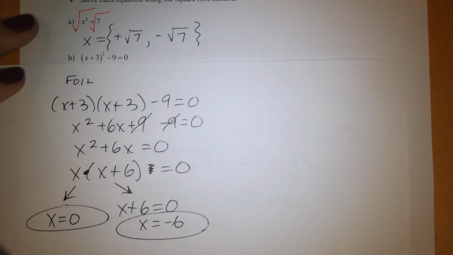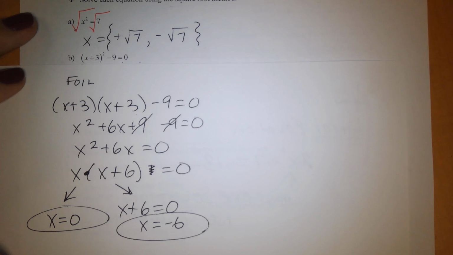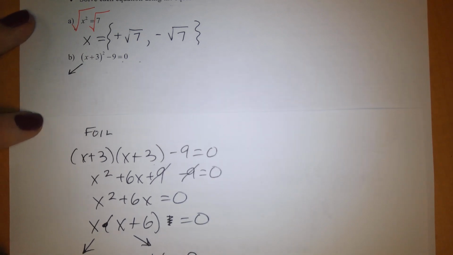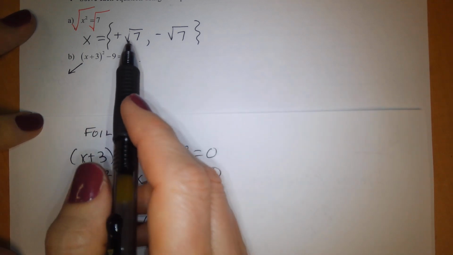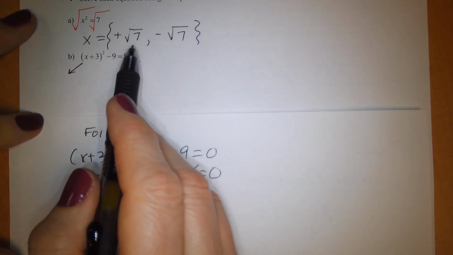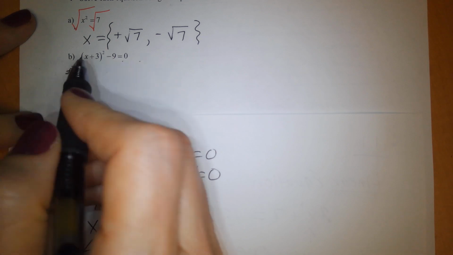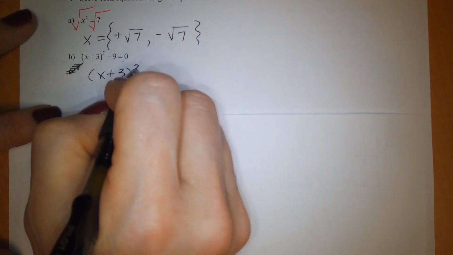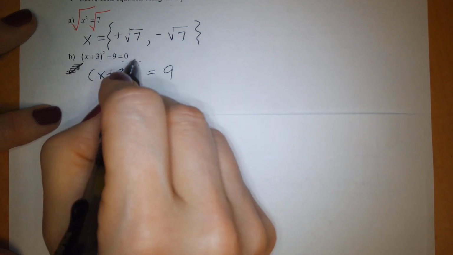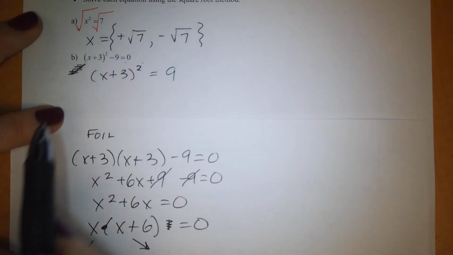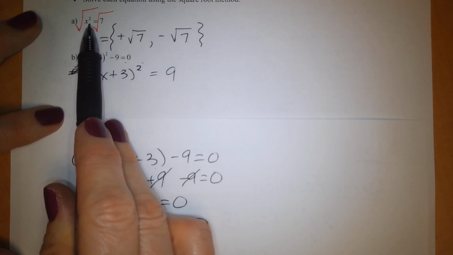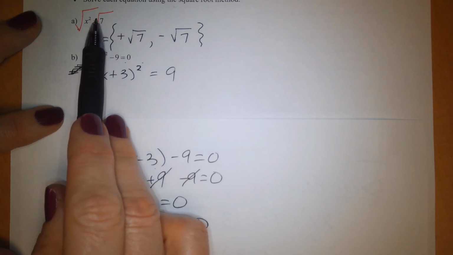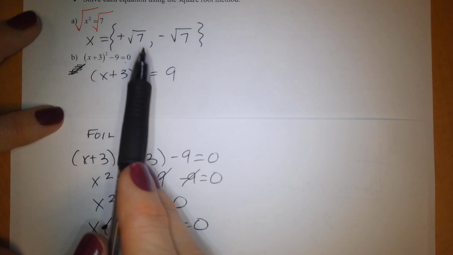But there's actually another way to do this problem that would make it simpler and maybe shorter steps. What I'm going to recommend is we use the method that we've learned already, which is the square root property. If we set this left side equal to the constant, in other words, move the negative 9 to the other side, it looks very similar to the last question, where you have something squared equals a constant.